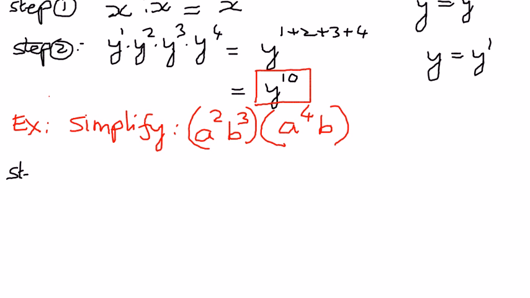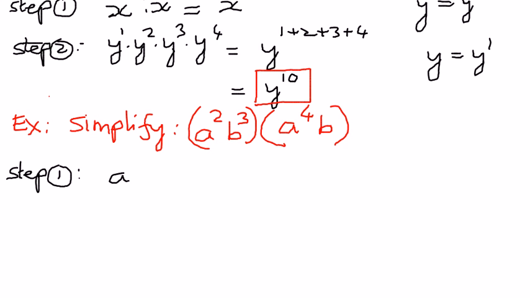So as a solution, we'll break it down into different steps. Looking at this example, we have a's in the first set of parentheses and a's in the second set of parentheses. We have b's in the first set of parentheses and b's in the second set of parentheses. So we will write all the a's together. We will write all the b's together.